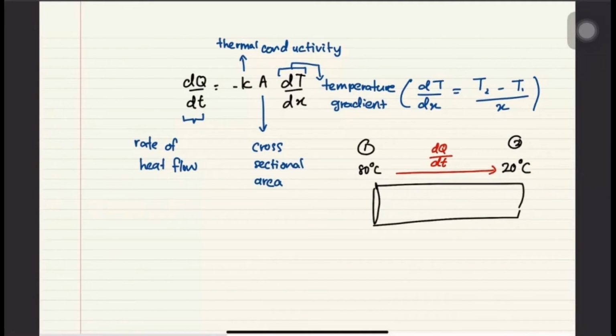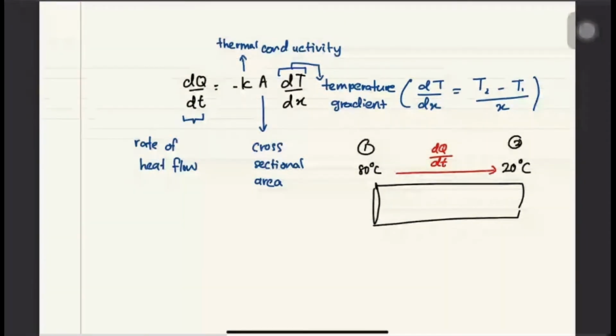Lagi kecil, dia lagi bagus sebagai insulator. Jadi kalau K besar, dia bagus sebagai conductor. Contohnya kamu nak buat kuali mak kamu tu. So kuali tu kamu nak pakai material dia high K or low K? High K. If you have higher K, that means you have efficient energy transfer.